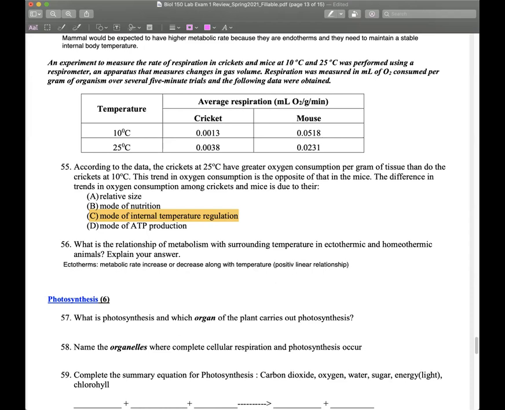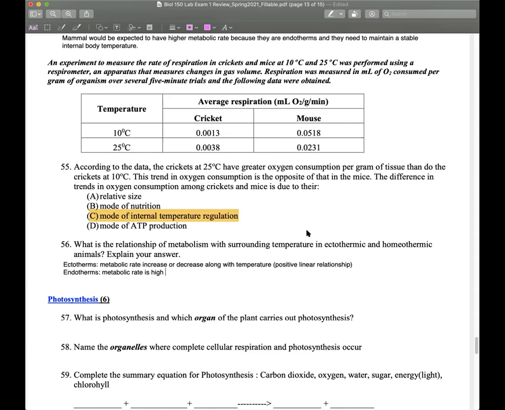And in homeotherms, also called endotherms, the trend is reverse. Wait, in ectotherms, is it positive or negative linear? Wouldn't it be a negative linear trend? Because as temperature increases, their consumption of oxygen increases.